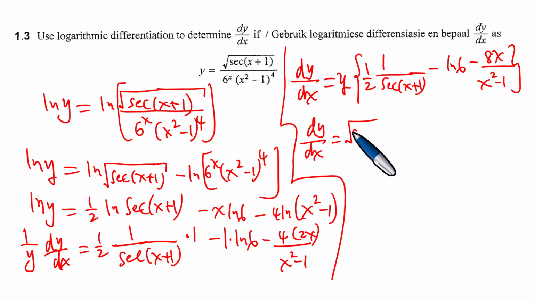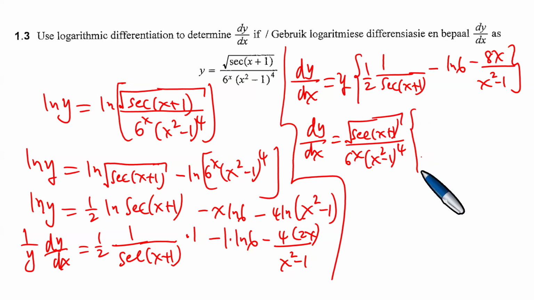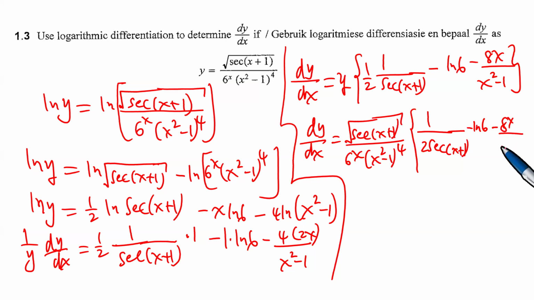In the end we have sec of x plus 1 over 6 to the power x squared minus 1. This is the y, and the inside you can write as 1 over 2 the sec of x plus 1, the ln of 6, 8x divided by x squared minus 1.